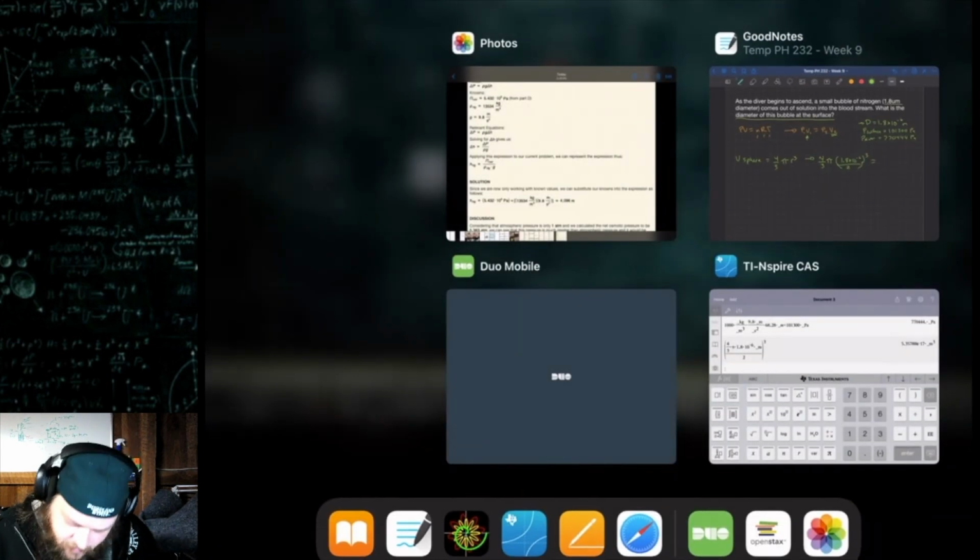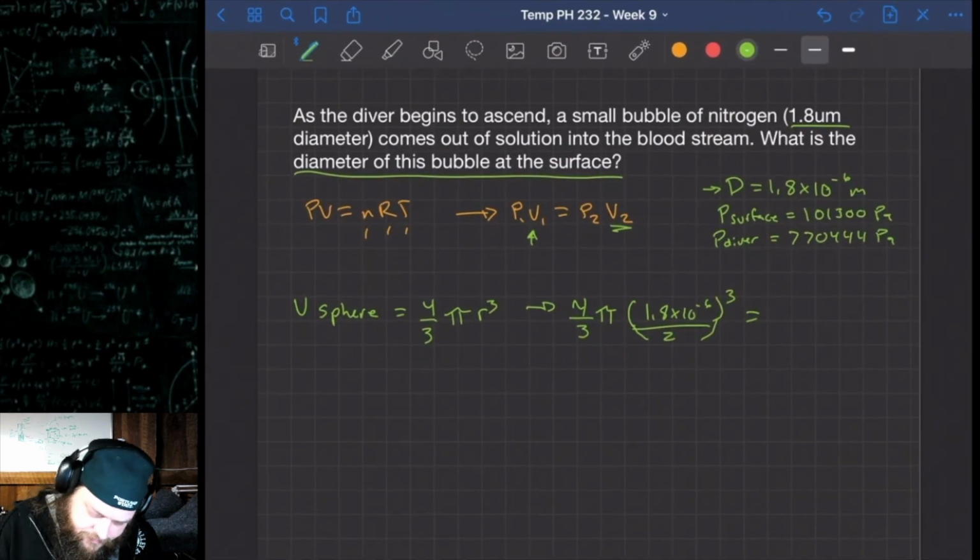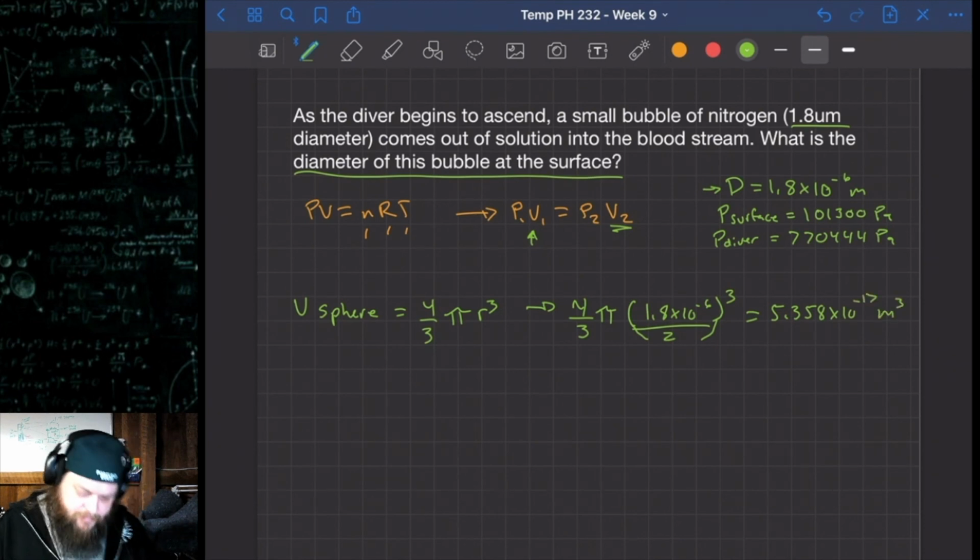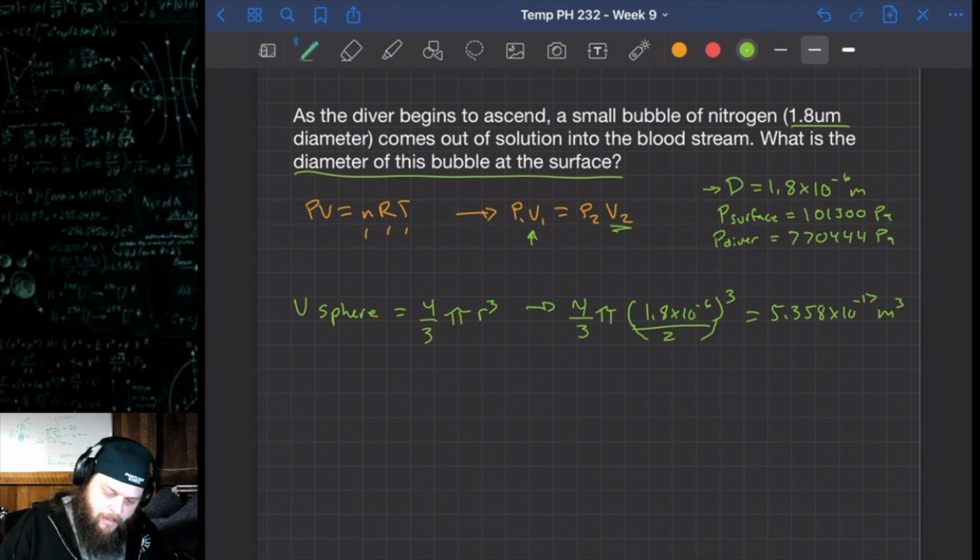Let me look at this. 5.358 times 10 to the negative 17 cubic meters. So plugging that value in for V1, we can then solve for V2 because we know the pressure at both depths.